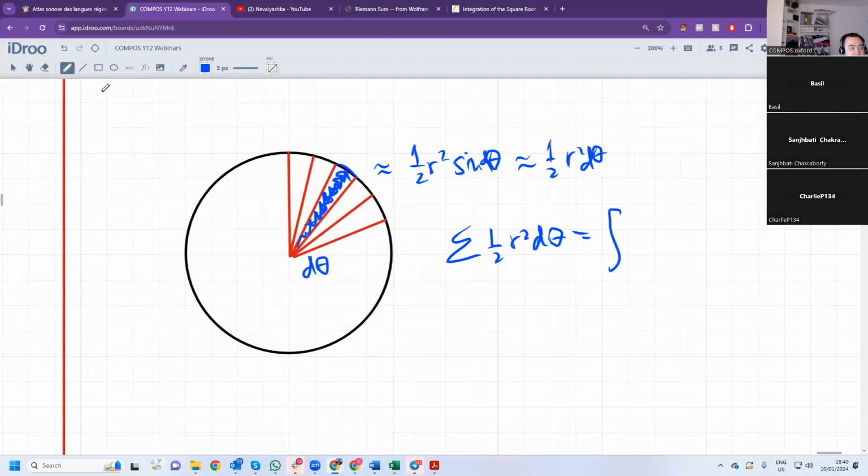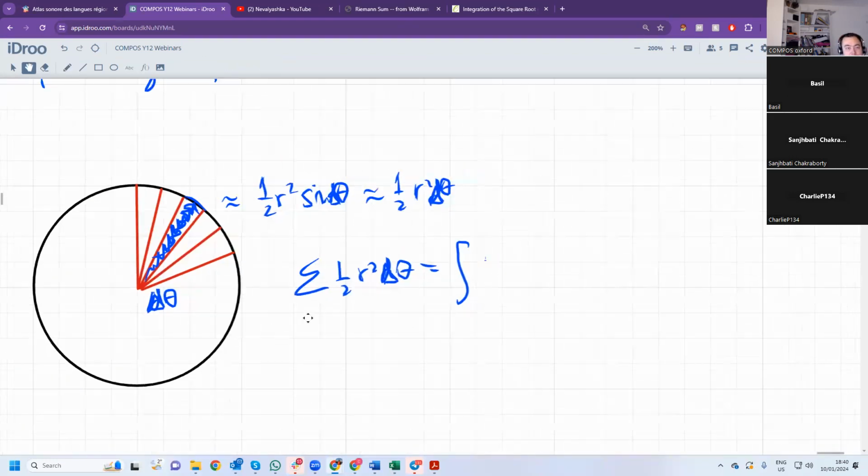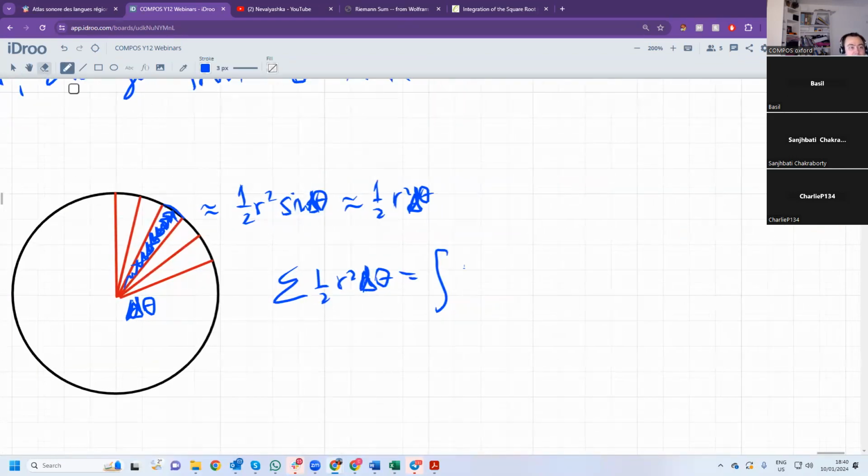Let's do it properly. Let's not simplify it, let's leave it like this.